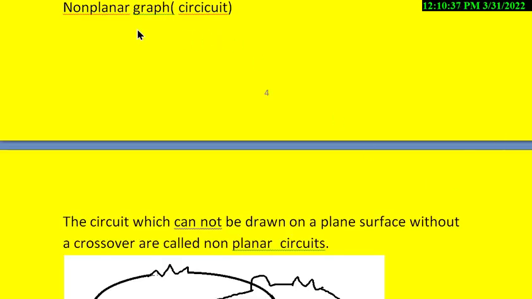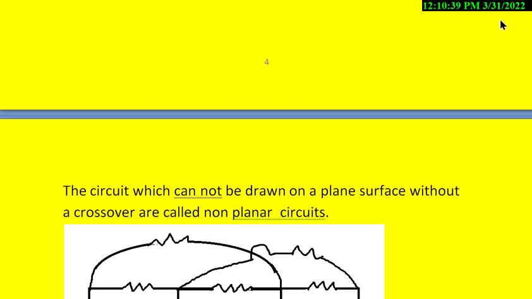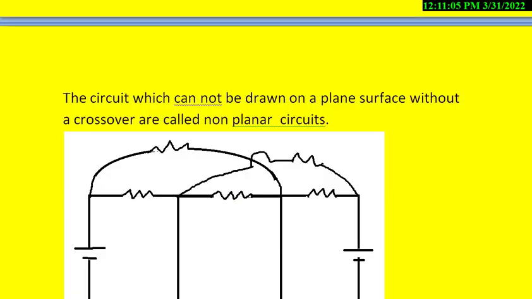Next, the non-planar graph. In the non-planar graph, this circuit will be shown like this, in which we find crossovers. This is one crossover. Whereas in the planar graph, we did not see crossovers.